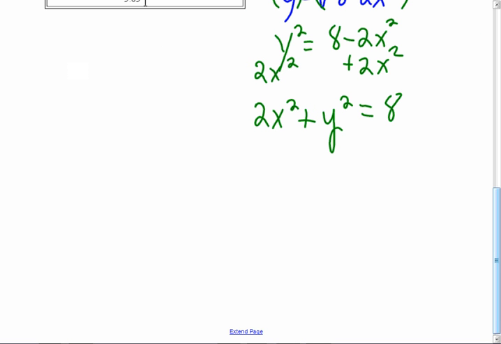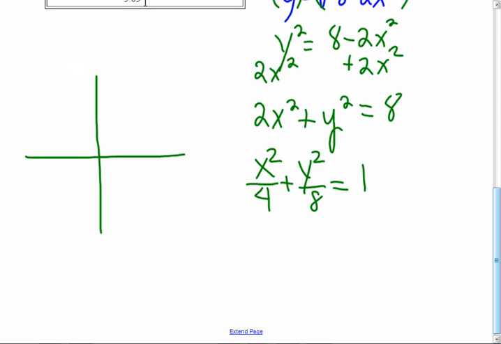Will an ellipse equation look like a circle equation, except the coefficients of the x squared and y squared terms are different? That's true. And one thing you can do is divide by 8. If I divide by 8, it's x squared over 4 plus y squared over 8 equals 1. So on the x-axis, I set these equal.